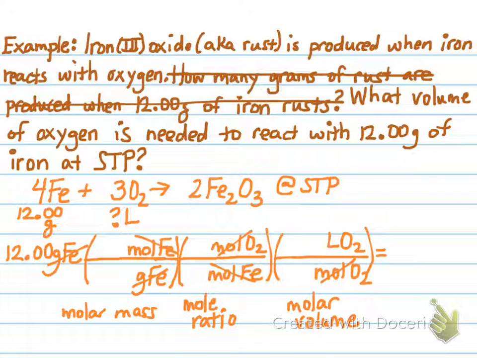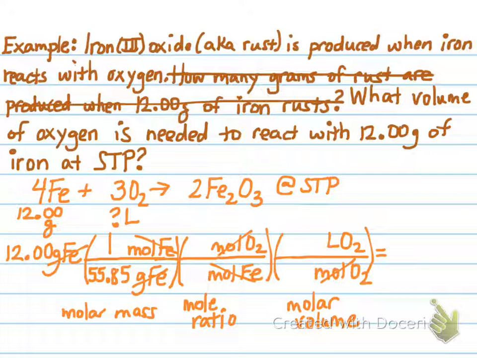Now, again, I like to come back. I like to do all my units first and then do my numbers. If you like to do your numbers as you go, that's fine. So I look at my toolkit and I'm looking at molar mass, and the unit that goes in front of moles is always 1. In front of grams, it's a number from my periodic table. I want to use 4 significant figures, so I'm going to use the 55.85 again.